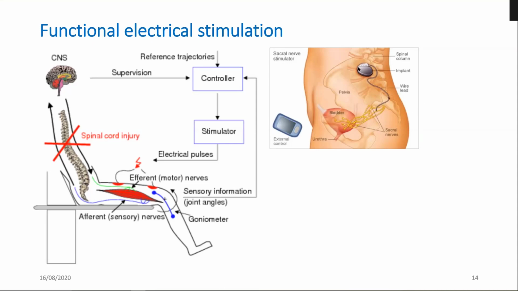And this device sends an equivalent electrical signal into the bladder so that urination is now more controlled. And you can have an external controller to switch this device on or off. So you don't need to always keep it on or keep it off.